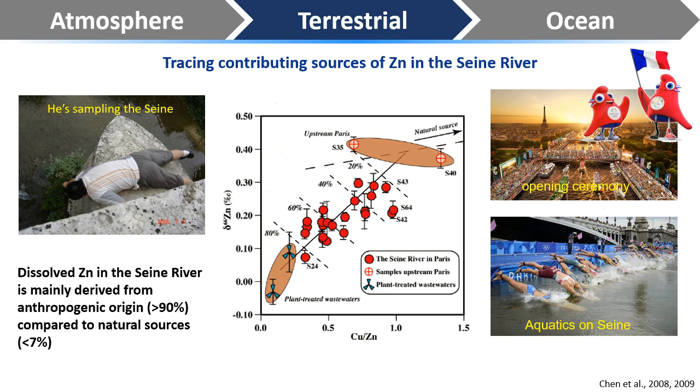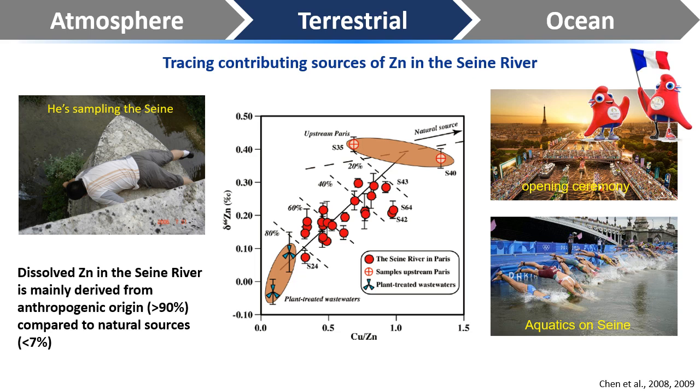Another example on terrestrial cycling is tracing zinc in the Seine River, France. We found using zinc isotopes that the dissolved zinc in the Seine River is mainly derived from anthropogenic input. Here, the plant treated with water, as you can see in the pictures.